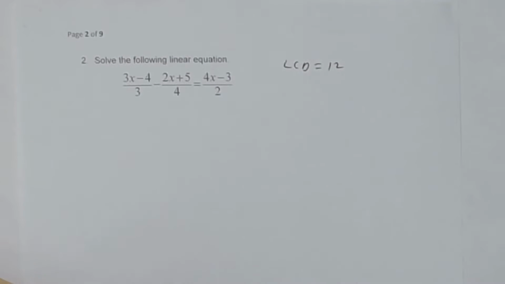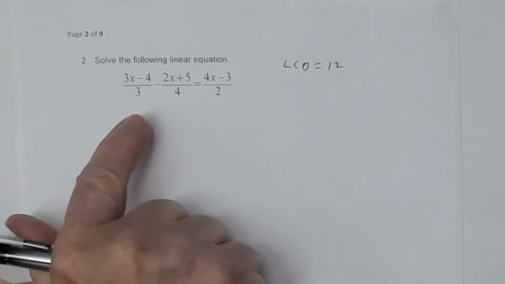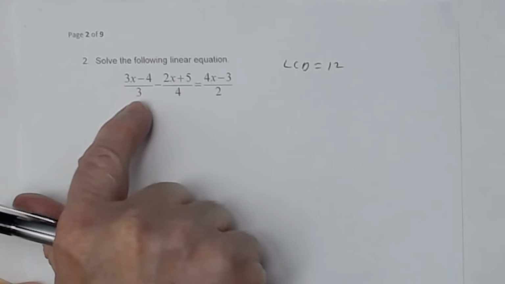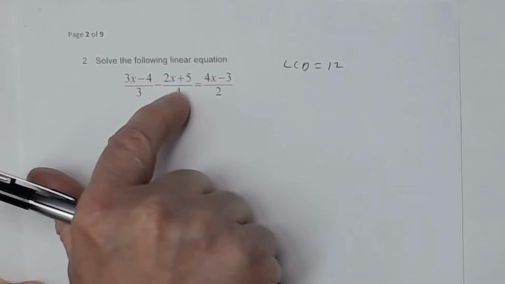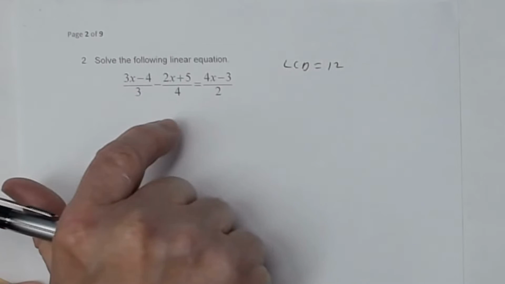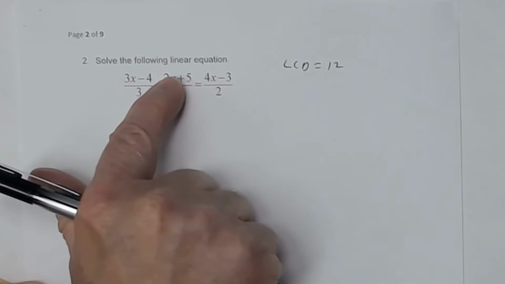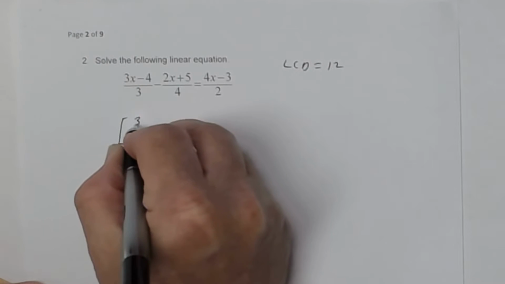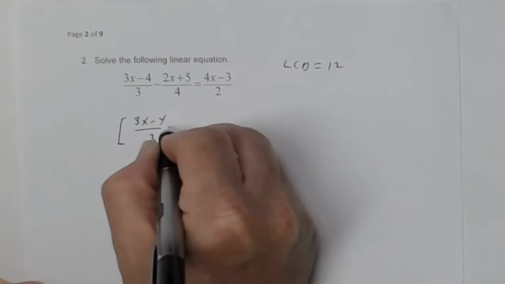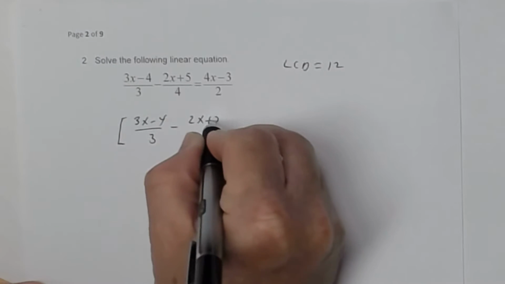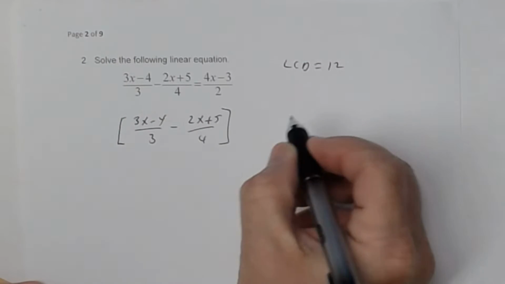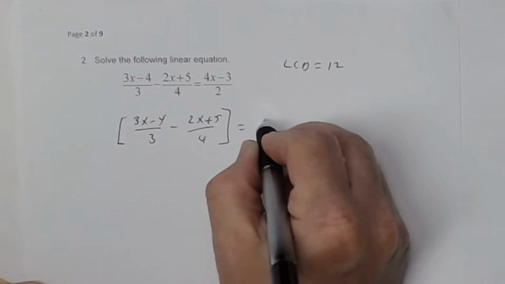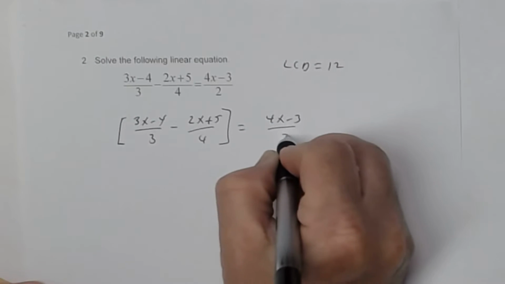Then what I'm going to do is I'm going to multiply both sides by 12 to clear those fractions. Now the fact that I have two fractions on the left side and one on the right, I'm going to put the left side in parentheses or brackets. I'm going to do it like this. So (3x minus 4)/3 minus (2x plus 5)/4 in brackets, and then equal on the other side (4x minus 3)/2.